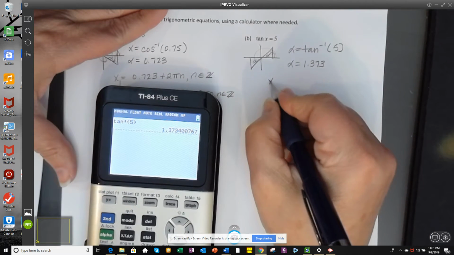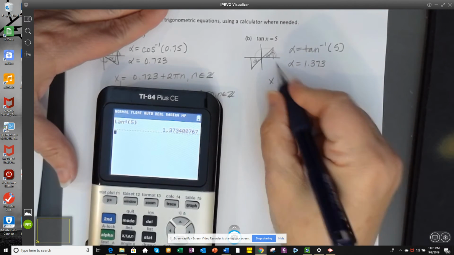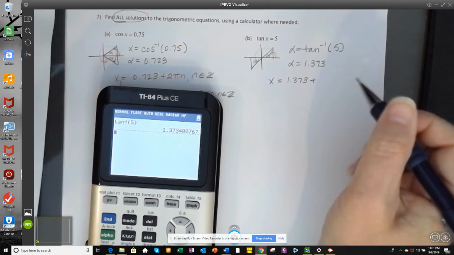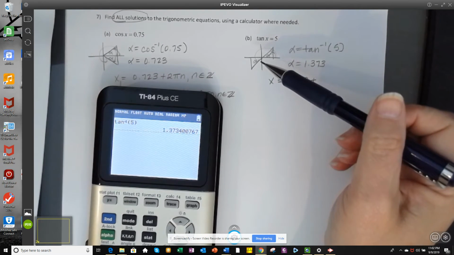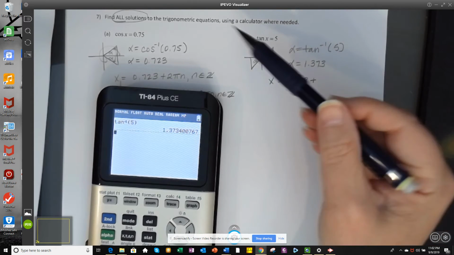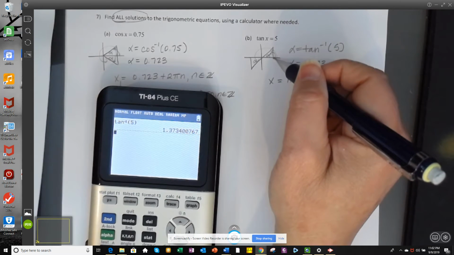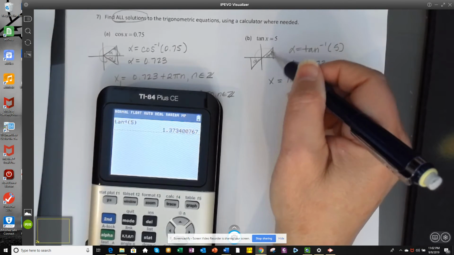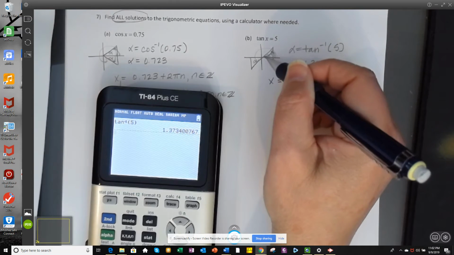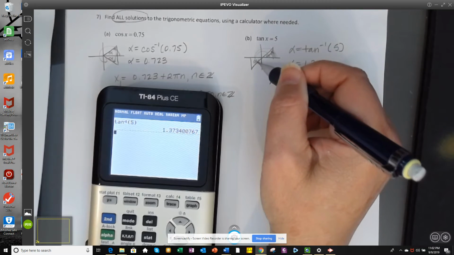And so x is going to equal, well, the first quadrant solution is just going to equal alpha, so it'll be 1.373 plus. Now, in this class, we're just going to add pi and 2 pi to our solutions to get our solutions to the trig equations here. So how far away is the next solution? Well, if I were to add pi, I would get the next solution, because pi is 180 degrees, wouldn't I?